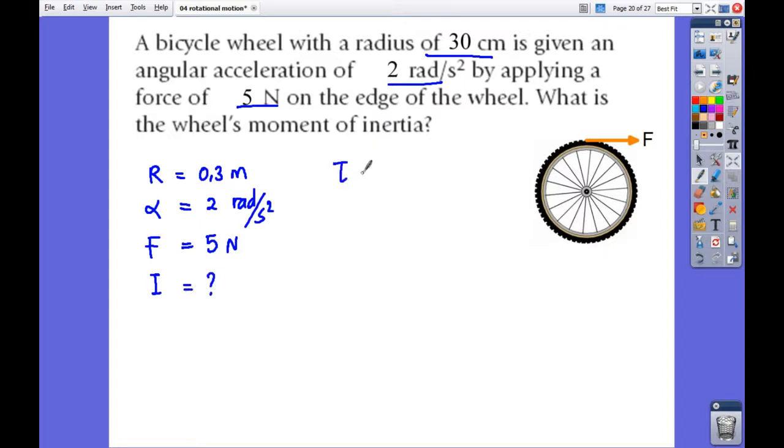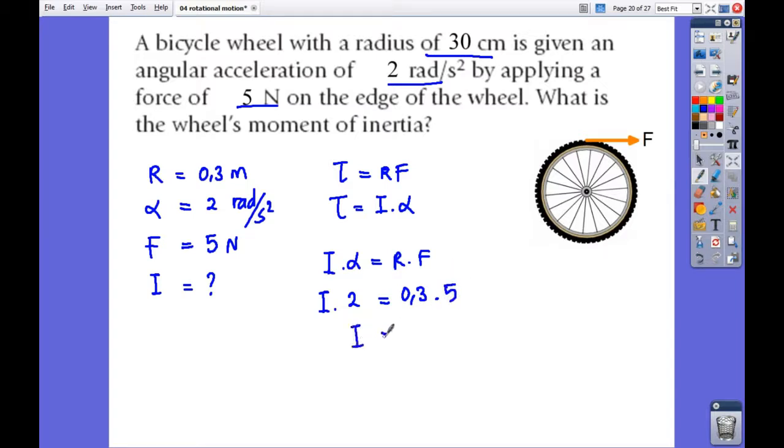As we know, torque is radius times force, and at the same time torque is also moment of inertia times angular acceleration. So we combine both of them: I alpha equals r times F. I is unknown, alpha is 2, r is given as 0.3, and the force is 5.